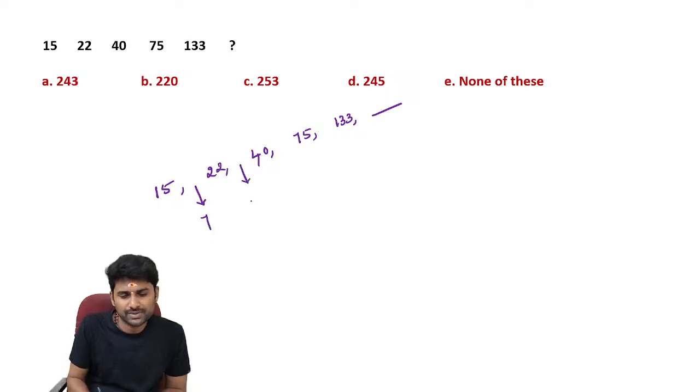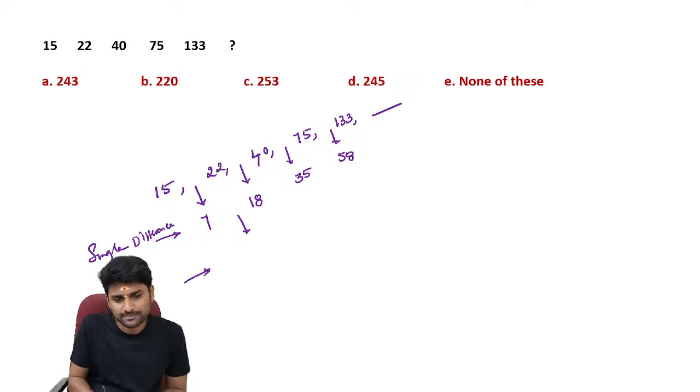Difference between these two numbers is 18. Difference is 35. Difference 25, 33 is 58. And you can't see any specific pattern. Again go for the double difference. It's all about the single difference. If you don't find any specific logic, then go for one more difference.